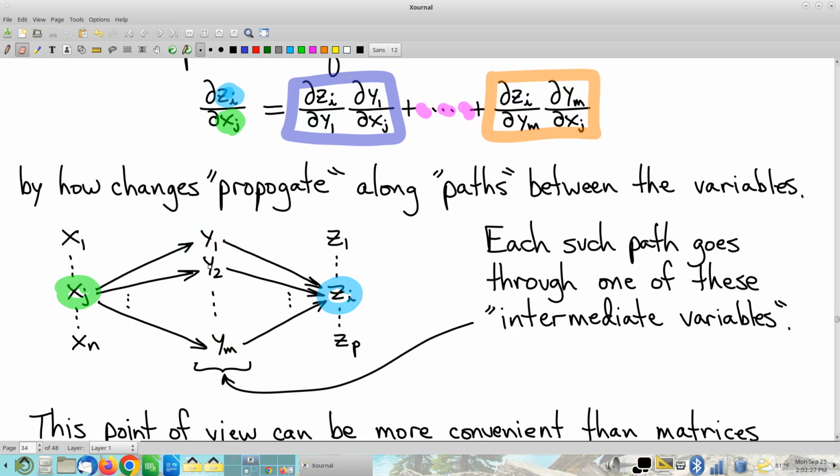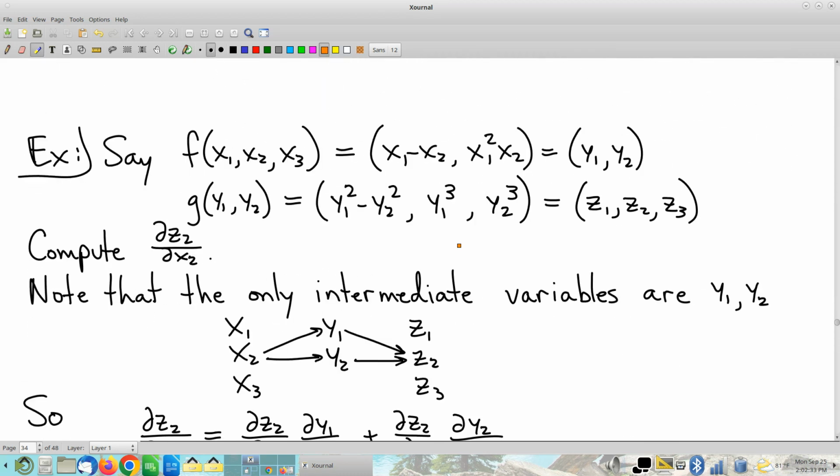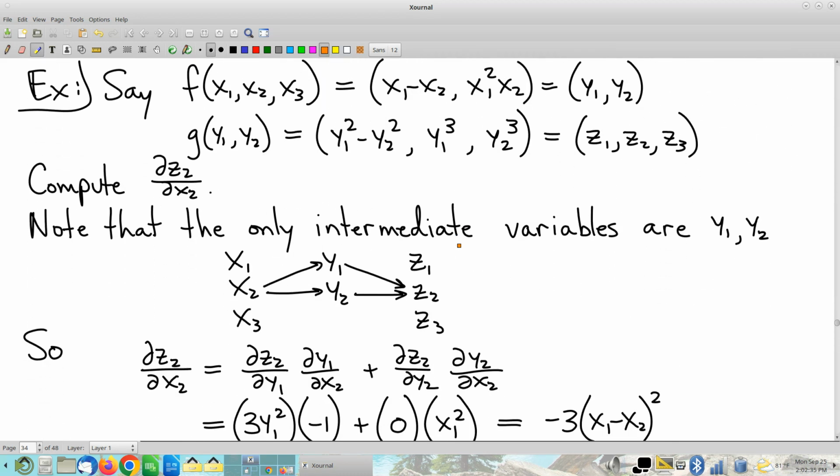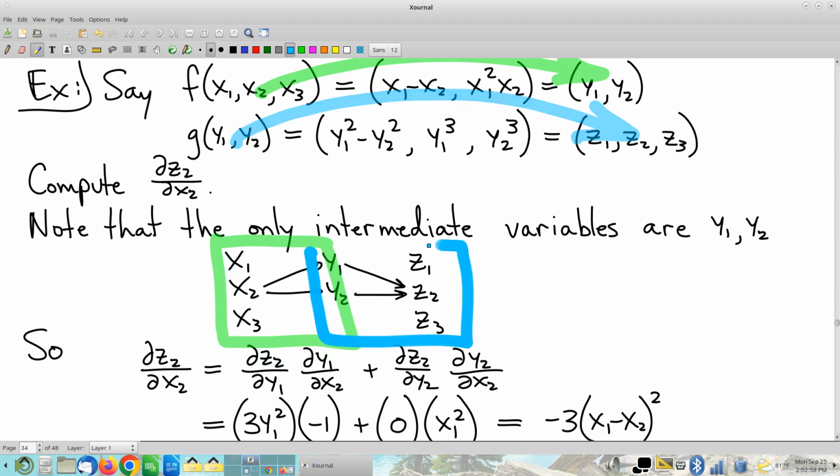Notice no matrices were necessary in making that case. And now let's see how we would use that in practice. Here's an example. I've got originally a function that turns some x inputs into some y outputs. That's the first function in my composition. Then, subsequent to that, I have a function that treats the y's as inputs and produces z's as outputs.